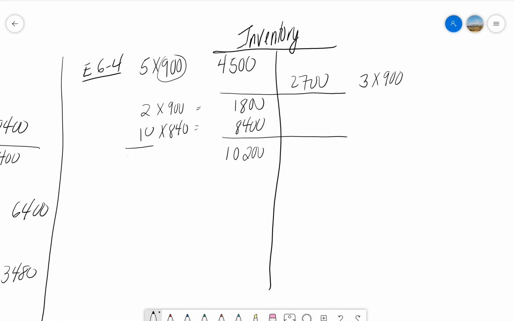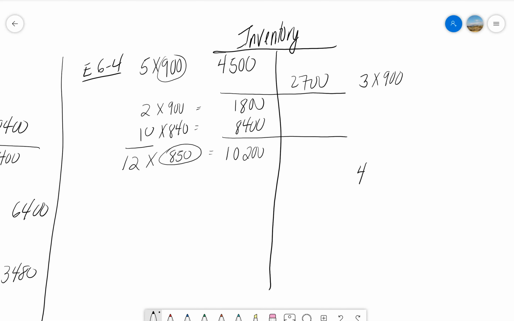We have 12 units of inventory. So what's going to be our average cost? Well, 10,200 divided by 12, our average cost is going to be 850. And so that's what we use now when we calculate our cost of goods sold moving forward. So if we look at the next transaction, on May the 17th, we sell 4 units.